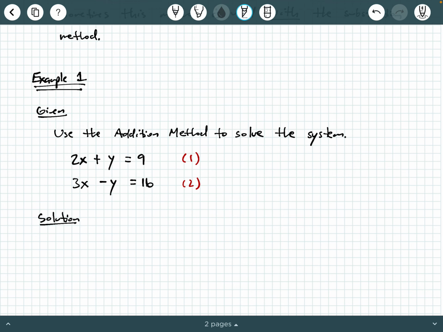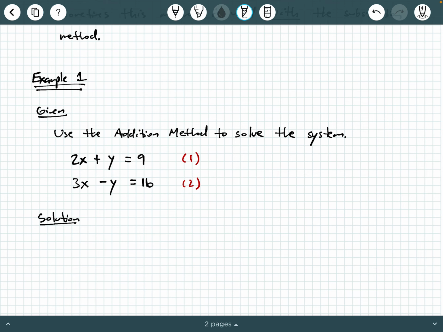It really doesn't matter which equation you add to the other. You could write equation 2 on top of equation 1. It won't change anything.